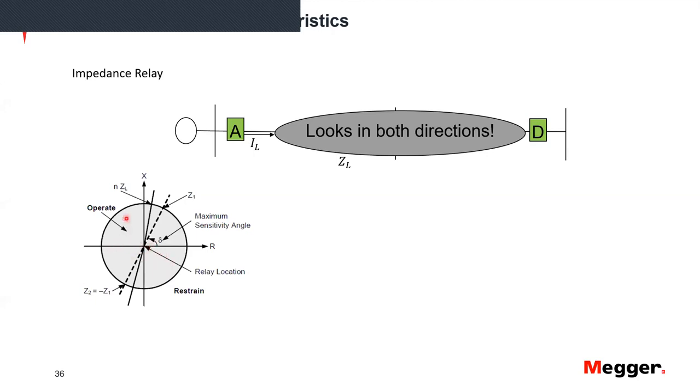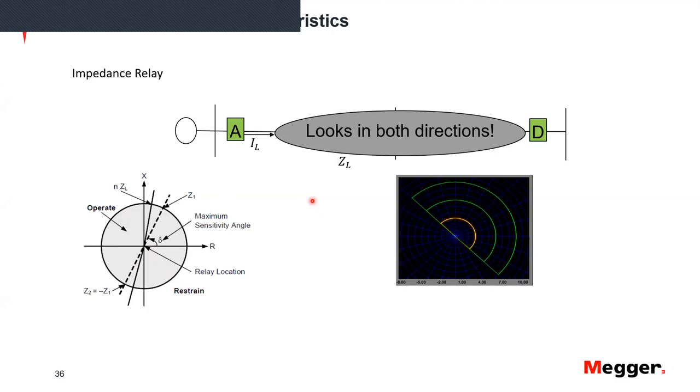So you could have operations for this relay in quadrants of the XR graph that we do not want operation on. This relay looks actually in both directions. So we need to do some sort of directional control on this relay in order to be able to use it effectively in distance protection systems.